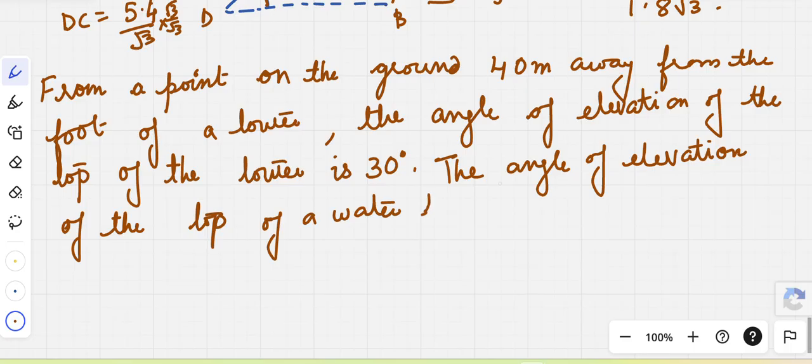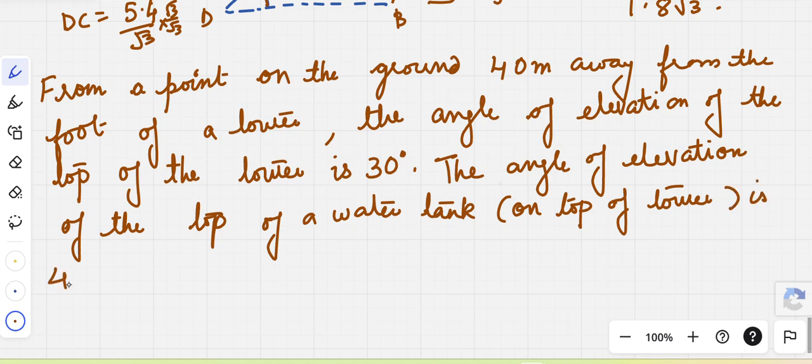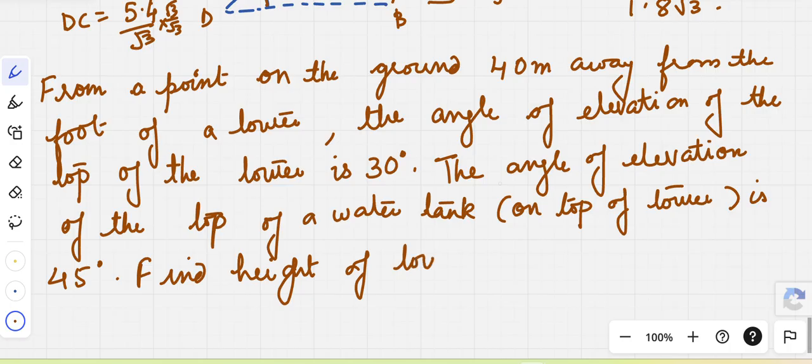Try to draw the diagram properly. You will get it, okay? Read and do.